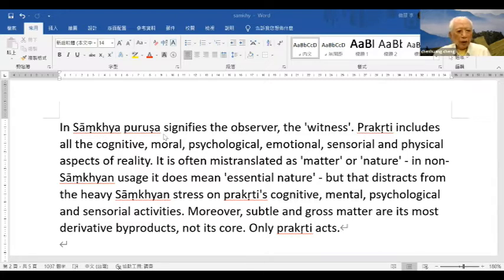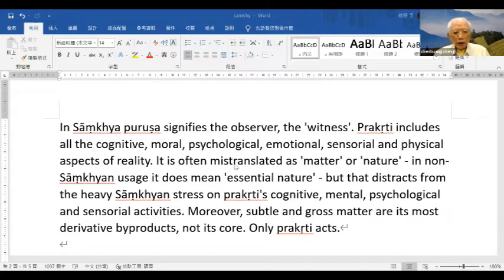In Samkhya, Purusha signifies the observer or the witness, the power to observe, to perceive something, or to understand something. And Prakriti includes all the cognitive, moral, psychological, emotional, sensorial, and physical aspects of reality. As I mentioned already, not only the physical reality, but also the cognitive, moral, psychological, emotional, and sensorial reality.